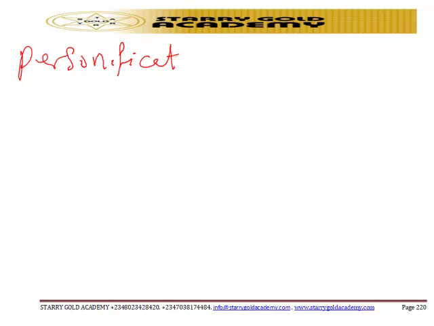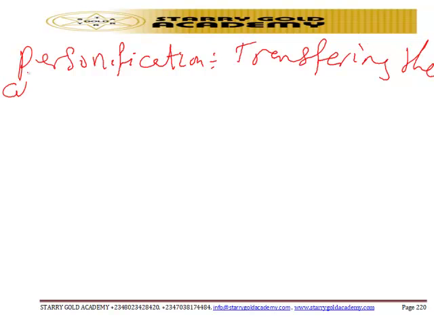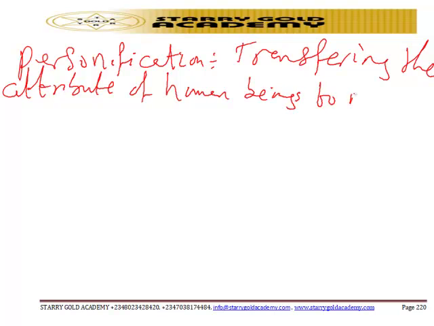Personification is transferring the attributes of human beings to non-human beings, to non-living things, to inanimate objects.